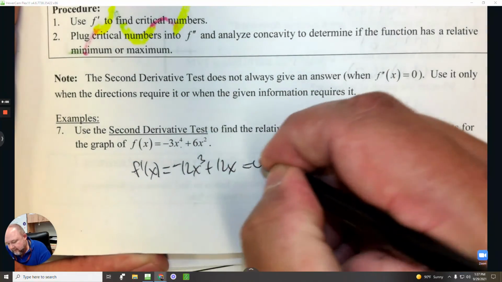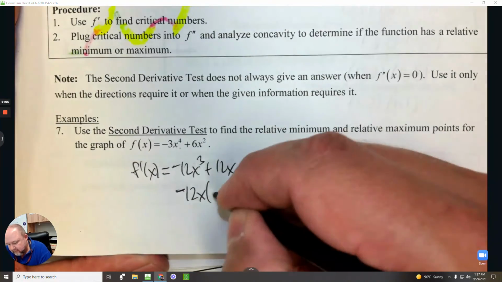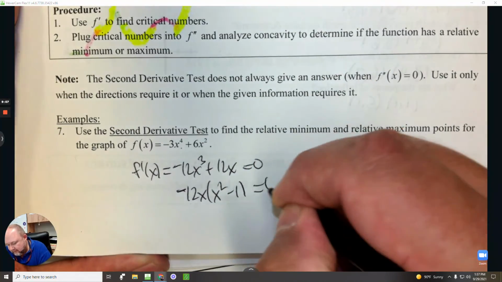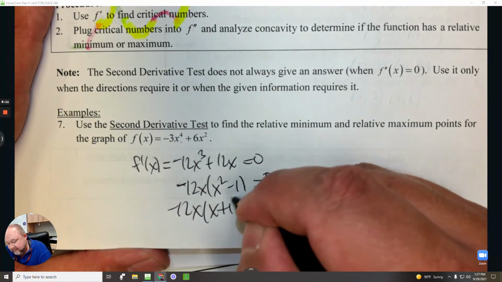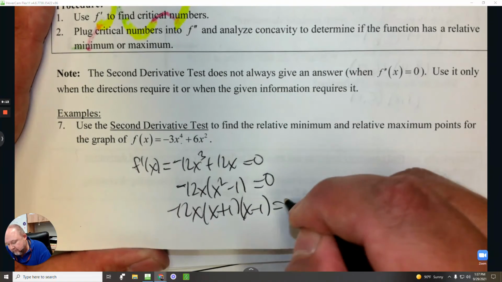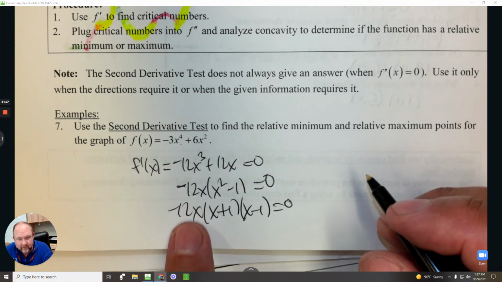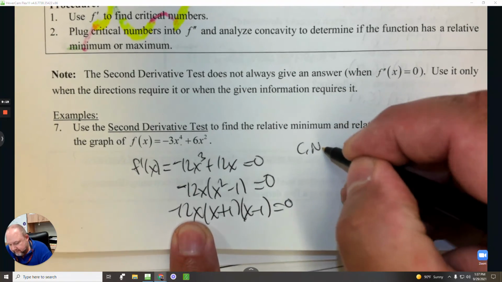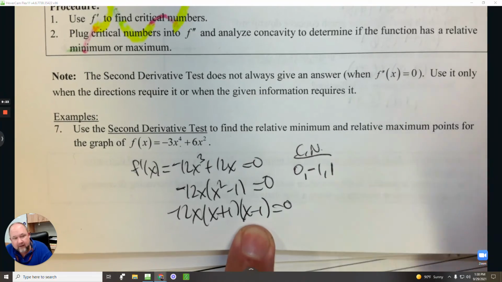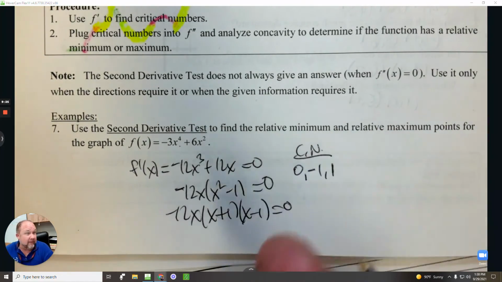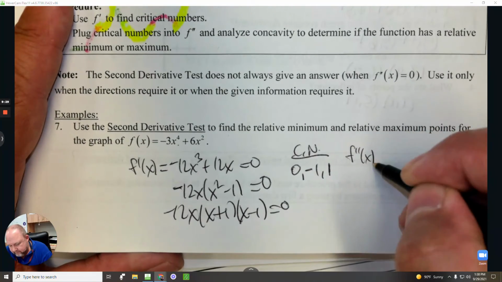I'm going to factor out a negative 12x, so I have x squared minus 1. Then I keep factoring: that's x plus 1 times x minus 1, a difference of squares. Negative 12x gives me 0, and the others give negative 1 and positive 1. That's like what we did before, but now we're going to do the second derivative.